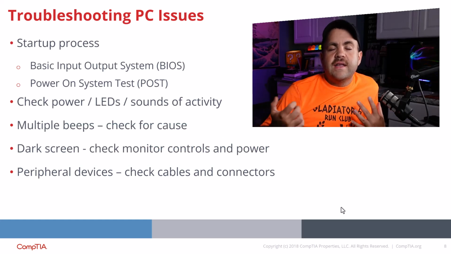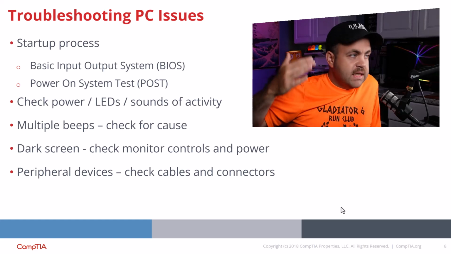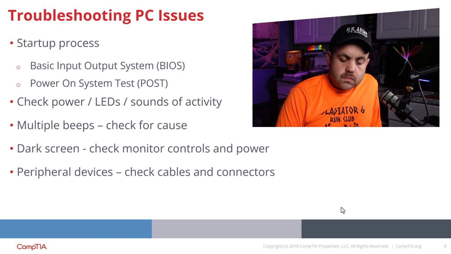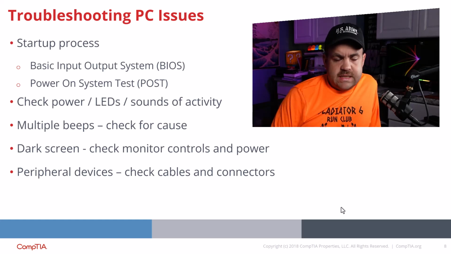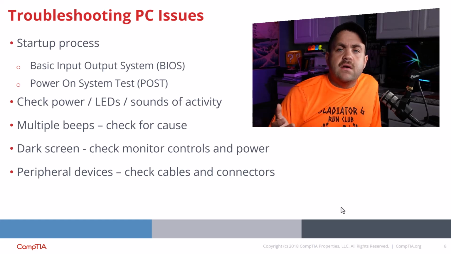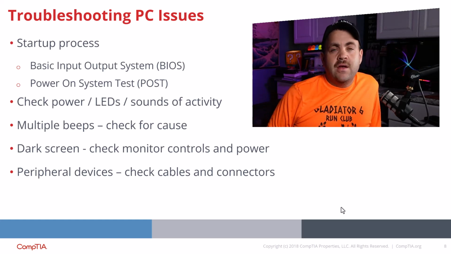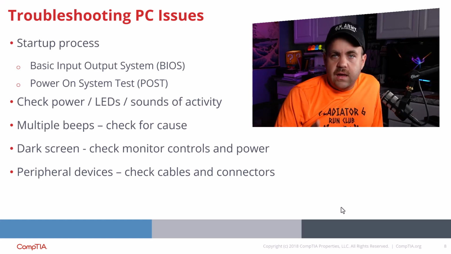You might do a little bit of stretching, whatever it is. And then your operating system kicks in. Okay, so the BIOS is going to take over. At that point, the BIOS is going to say, hey, check everything, and then it's going to pass it off to the operating system. And that's like your brain turning on, probably grabbing your phone first thing in the morning and starting with your day. Okay.